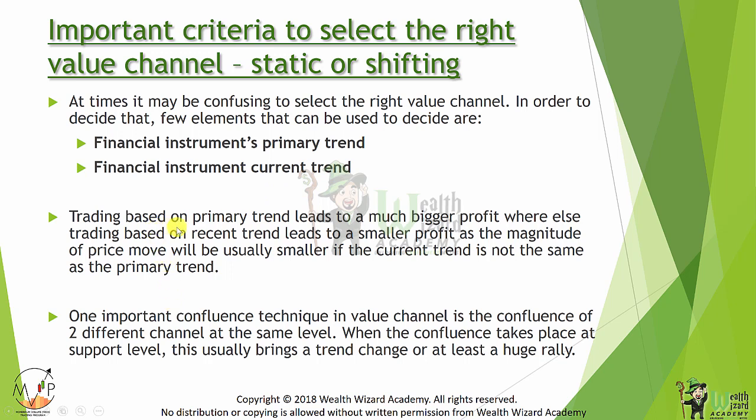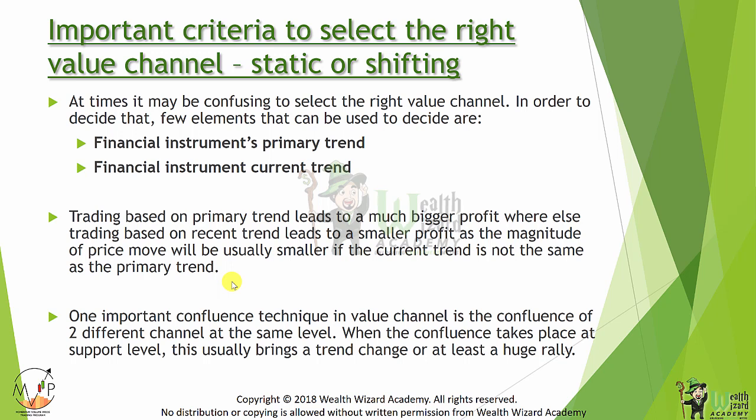Trading based on the primary trend leads to a much bigger profit, whereas trading based on the recent trend leads to a smaller profit, as the magnitude of the price move will usually be smaller if the current trend is not the same as the primary trend. For example, when we look at probably 20 years of data, the stock actually shows it is going through an uptrend value channel, but that is its primary trend.